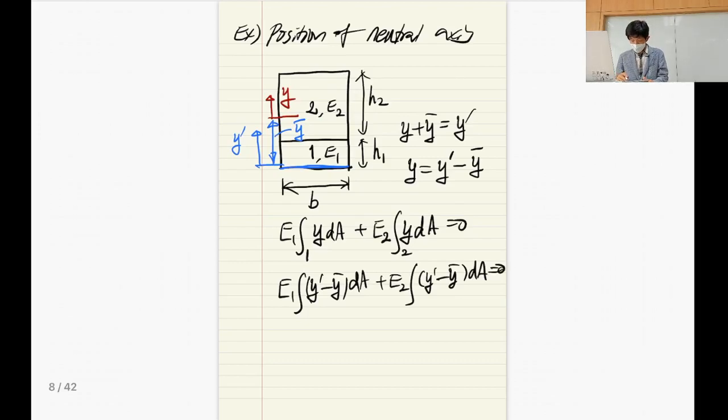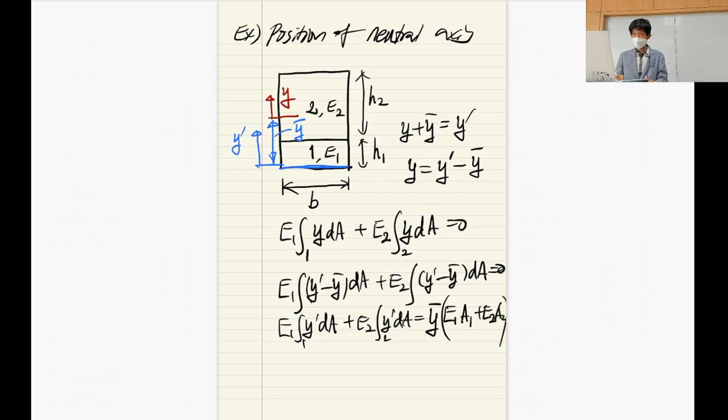So here, E1 Y prime dA, the first moment, plus E2 Y prime dA is equal to the distance Y bar times (E1 times A1 plus E2 times A2). Is it clear? Isn't it right?